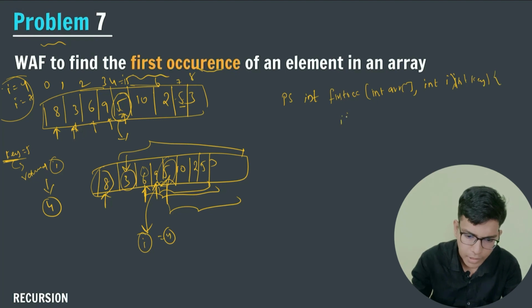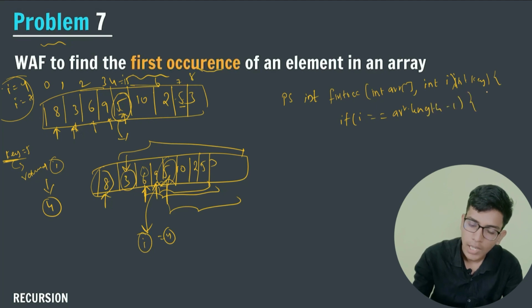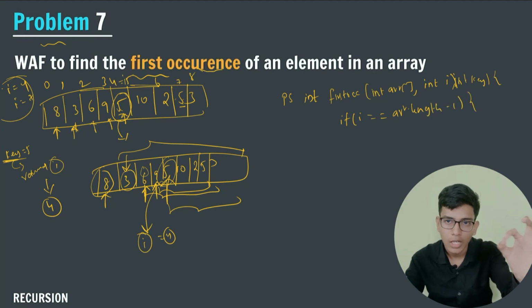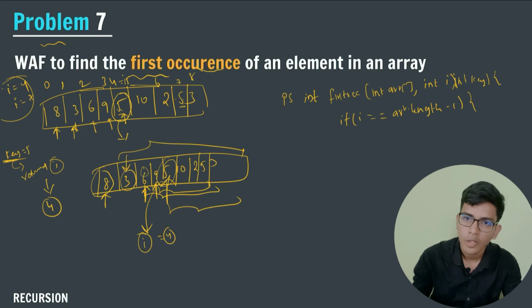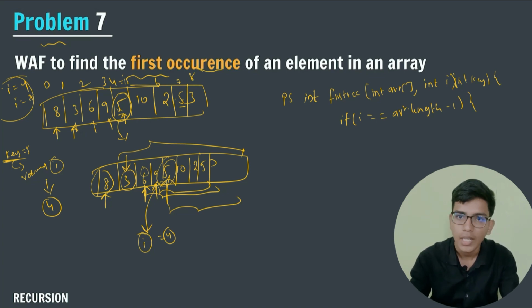Also, if i is equal to arr.length minus 1, that means I called my function for the rest of my array, but I didn't get the value of my particular key, then I will return minus 1. It means that the element is not present in my given array.